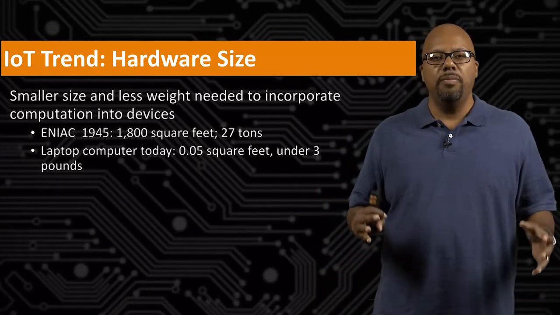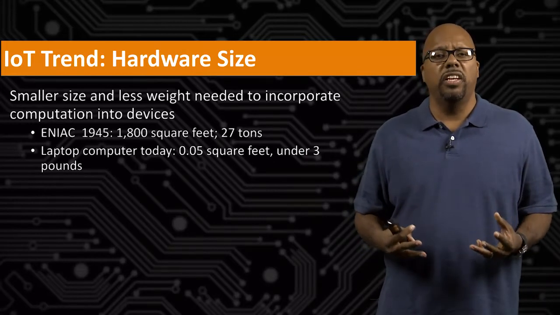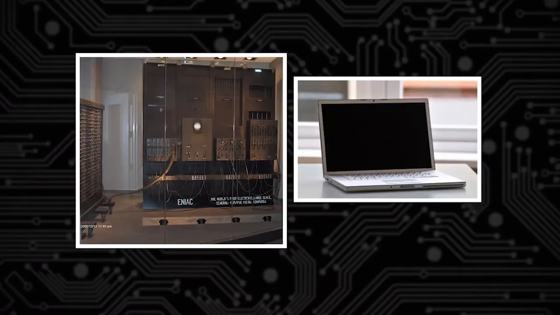So computational technology has shrunk to the point that it can be incorporated in lots of different devices. This is just a size comparison: we've got an ENIAC over there, different lighting but basically the same machine, and then we've got a laptop. You can see how the computational technology has vastly shrunk to the point where you can actually incorporate it into devices.